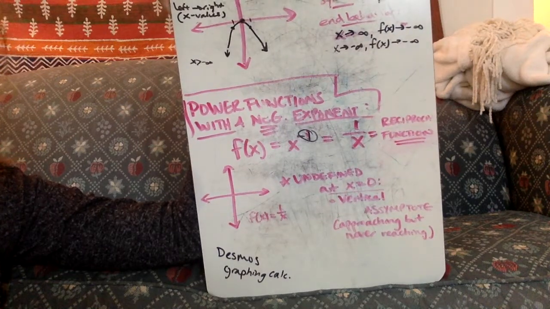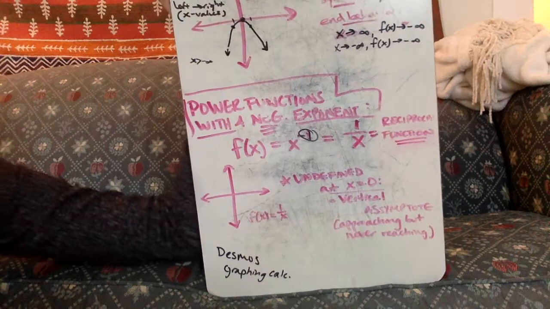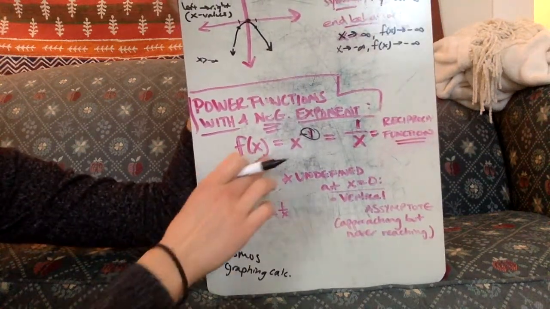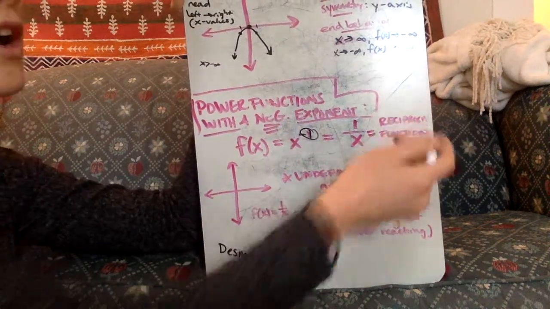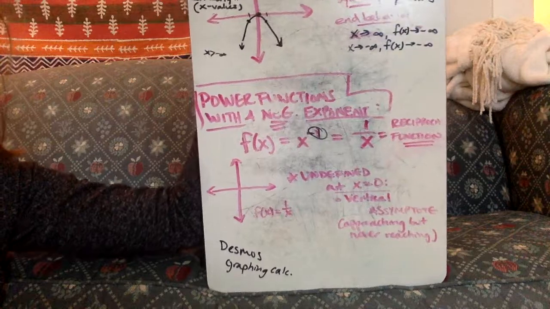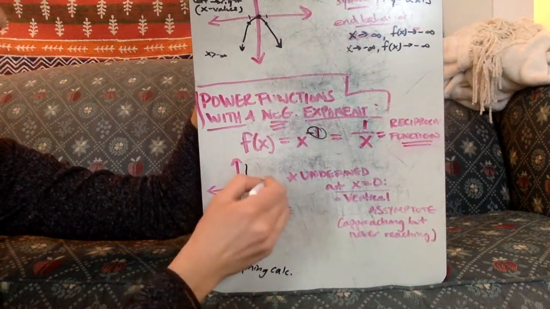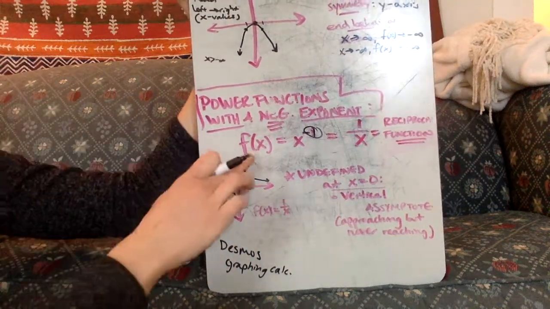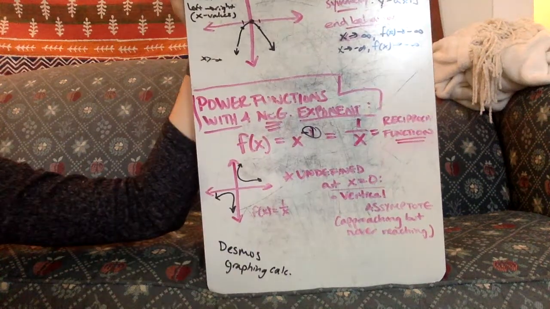So I'm putting a 1 over x to the first power here. f of x equals x to the -1 is the same as 1 over x, and this is called a reciprocal function. And we've graphed this parent function, f of x equals 1 over x, and it looks something like this. If I actually drew it nicely, it would look a little bit more like that.